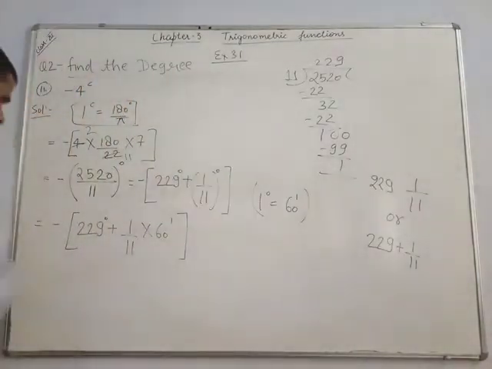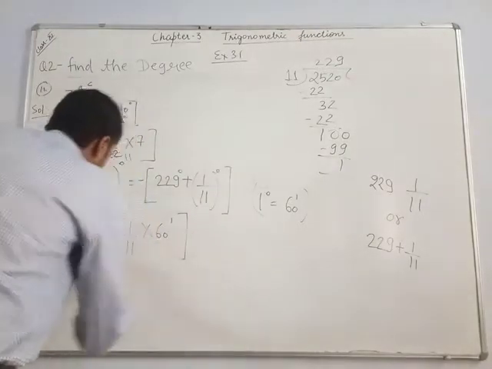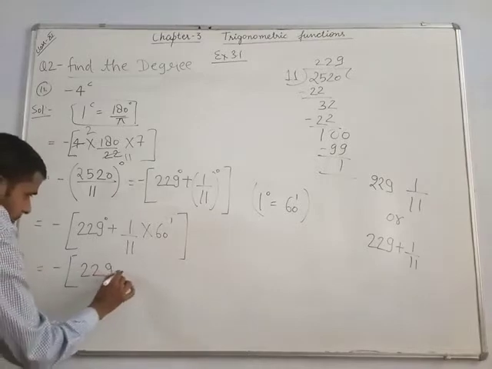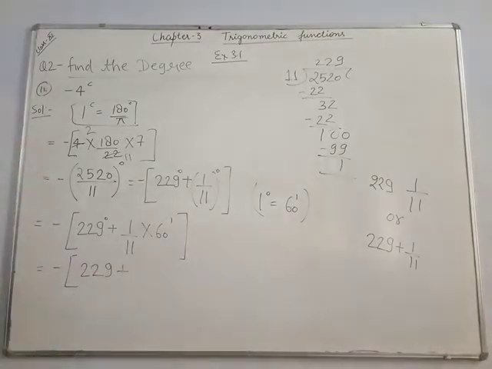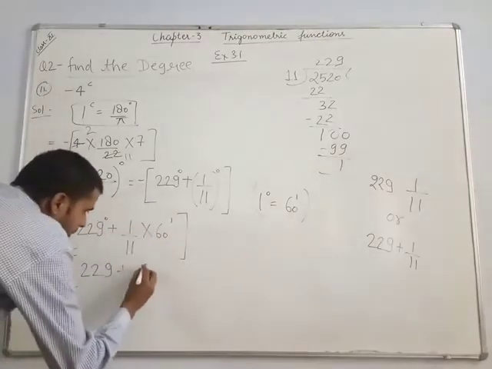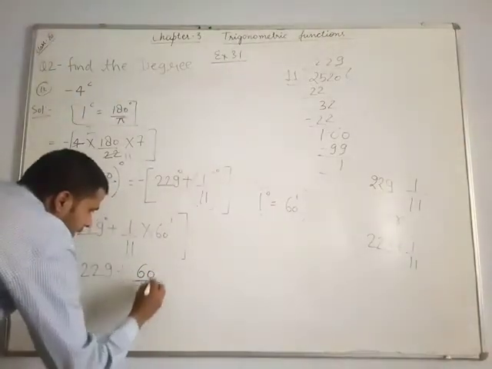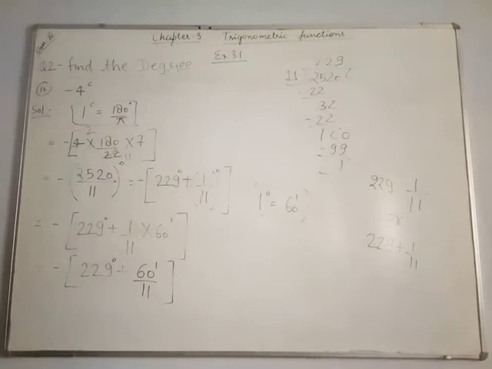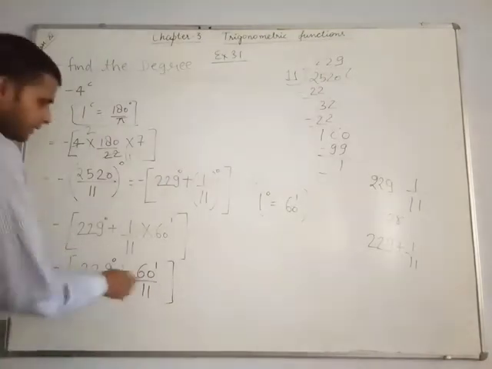Right? So minus sign is there, 229 plus 1 upon 11 times 60, that is 60 upon 11.